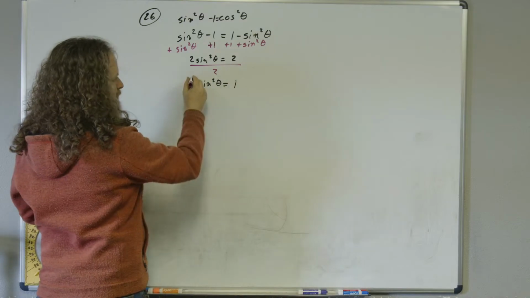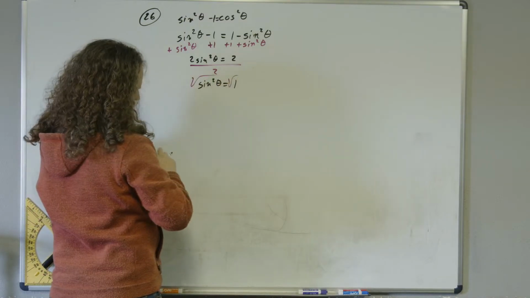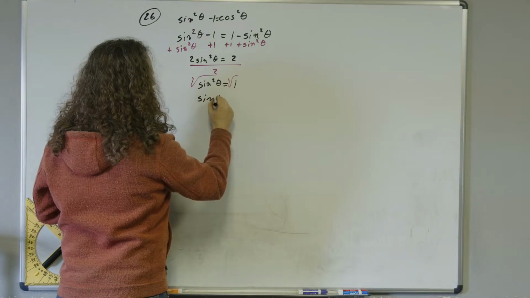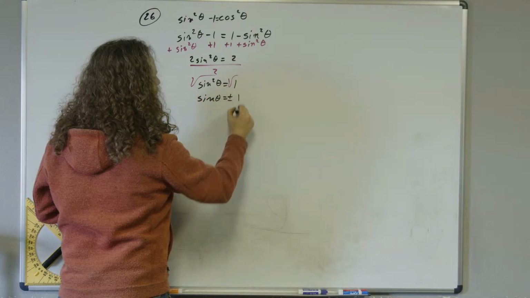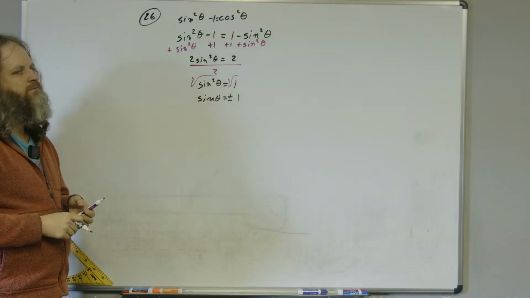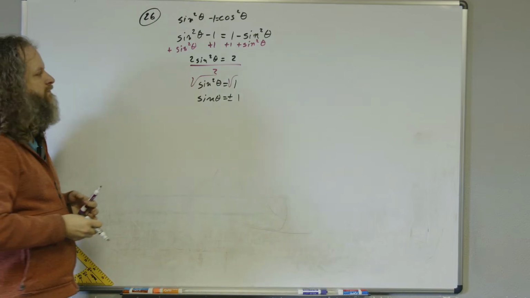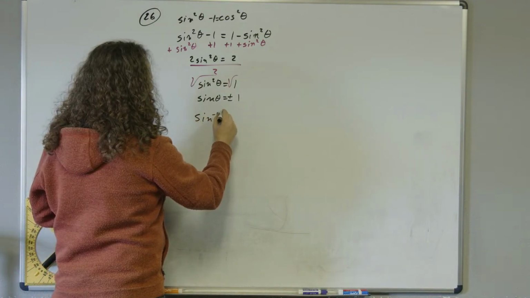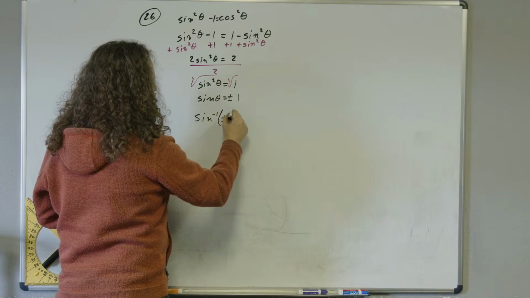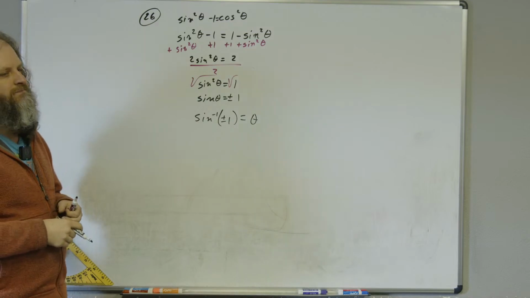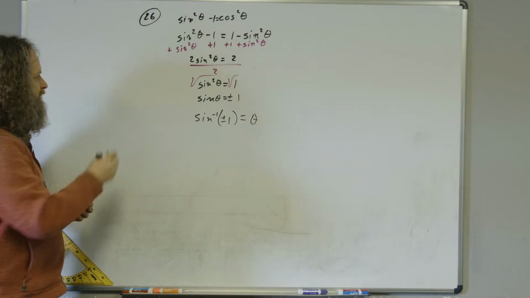Take the square root of both sides and end up with sine theta equals, and you've got to remember, plus or minus 1. And now we find where it equals that. So the inverse sine of plus or minus 1 equals the angle we're looking for, which is pi over 2.